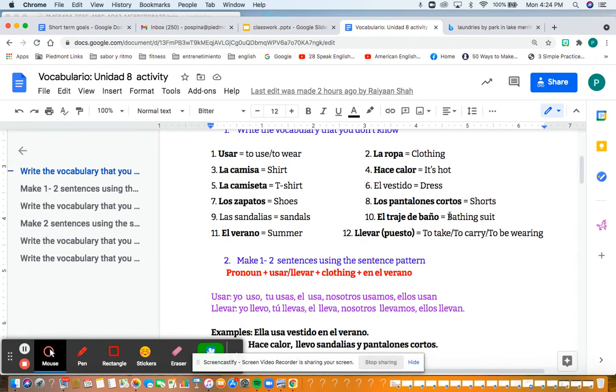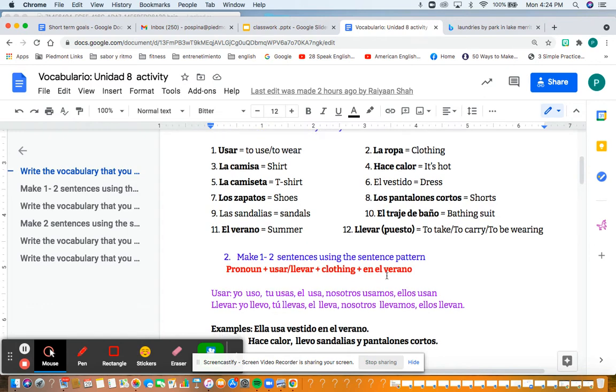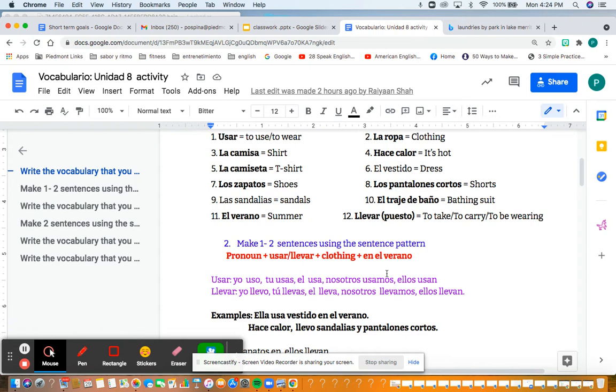The sentence pattern we will use is pronoun plus usar or llevar, plus clothing, plus en el verano. So you can say, ella usa vestido en el verano, or hace calor, llevo sandalias y pantalones. Please make one to two sentences with this sentence pattern.